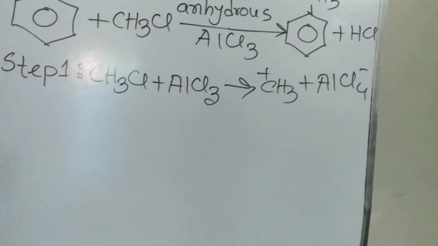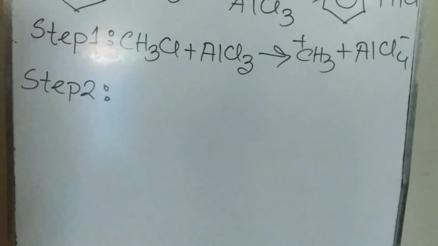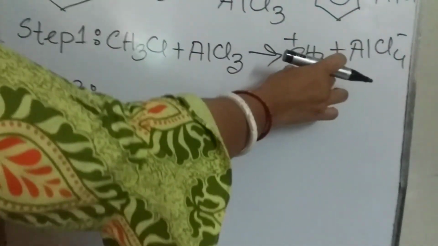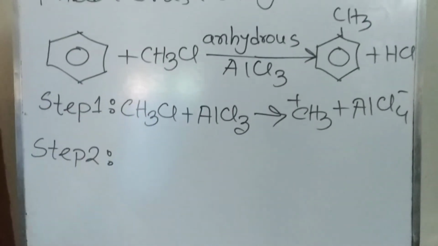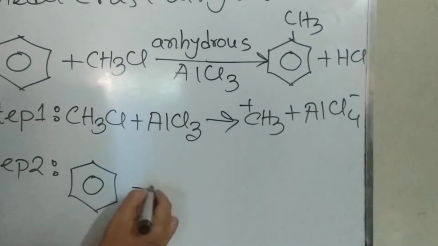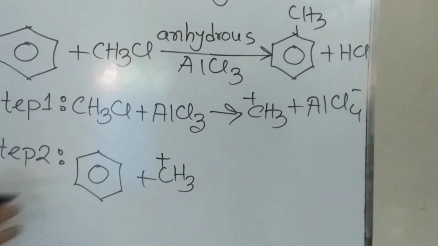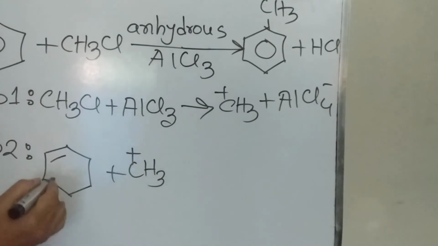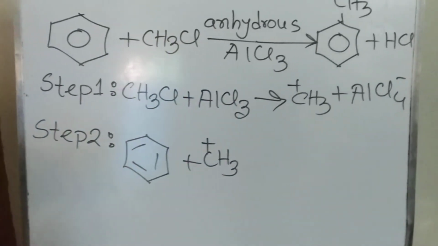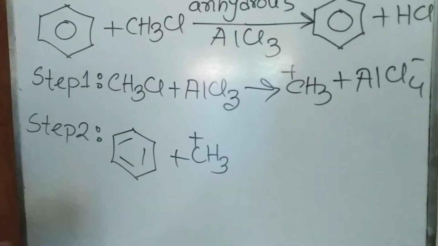Then in the second step, this carbocation attacks the pi electrons of benzene. You know, another structural formula of benzene is like that, and at each point of benzene there is a hydrogen.